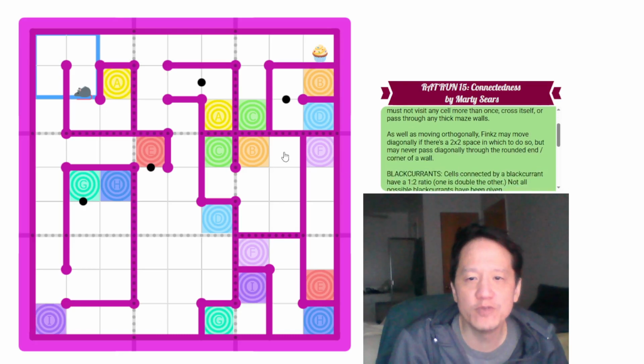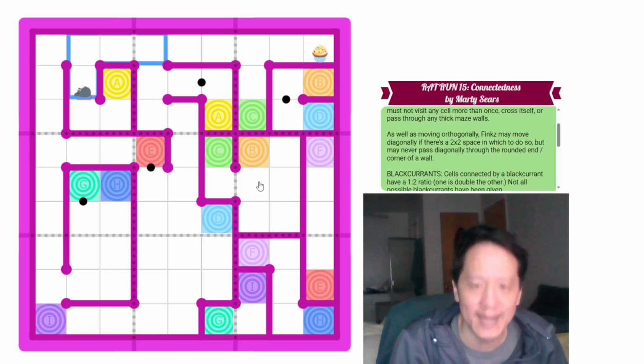As well as moving orthogonally, Finks may move diagonally if there is a 2x2 space in which to do so, but may never pass diagonally through rounded ends or corners of the wall. So that means, for example, it could go through a 2x2 area here, or here, any of these 2x2 areas.